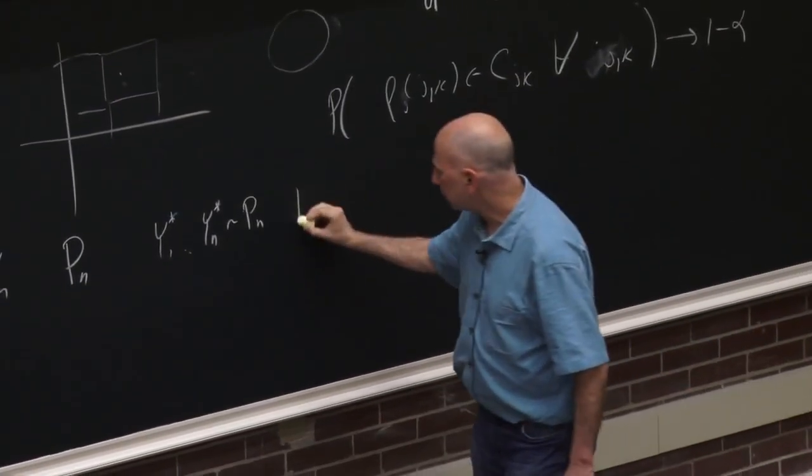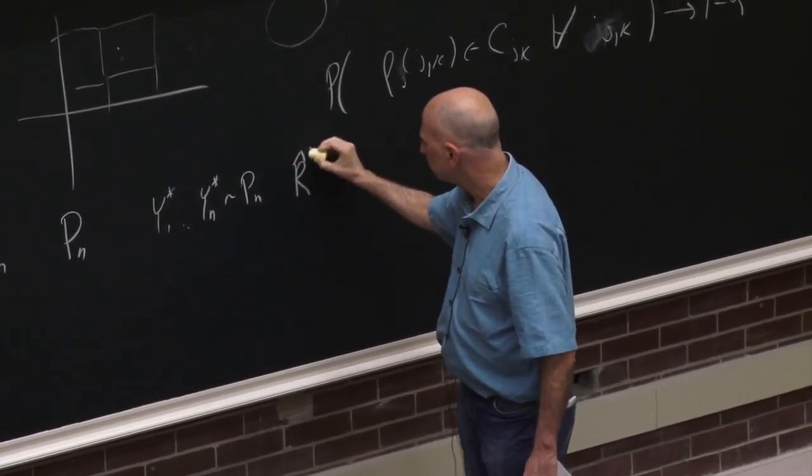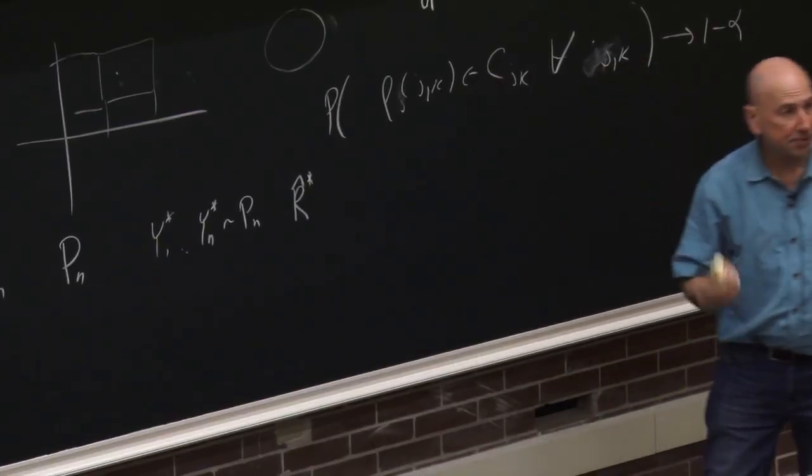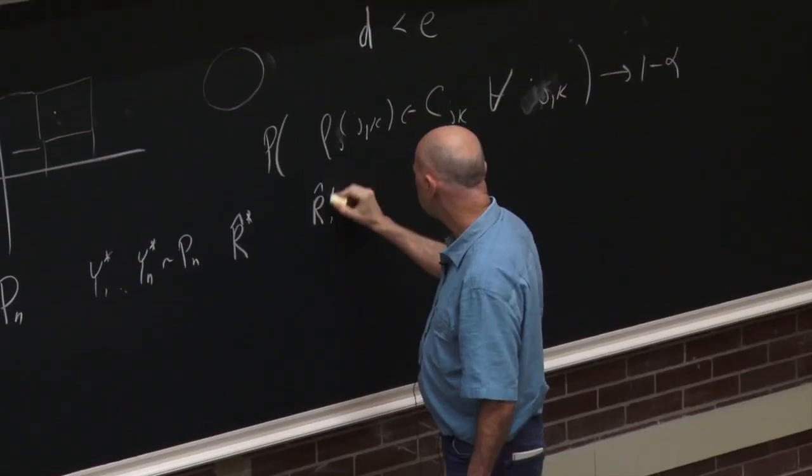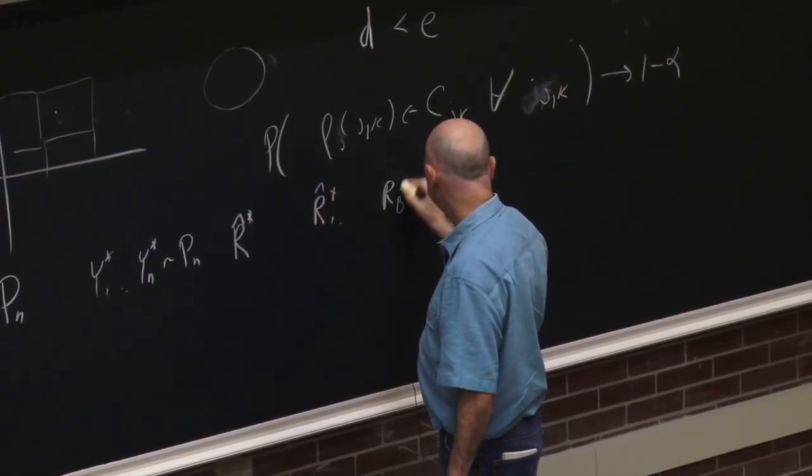We recompute the matrix of correlations. And then we repeat this many times, right? So we go r hat 1 star up to r hat b.